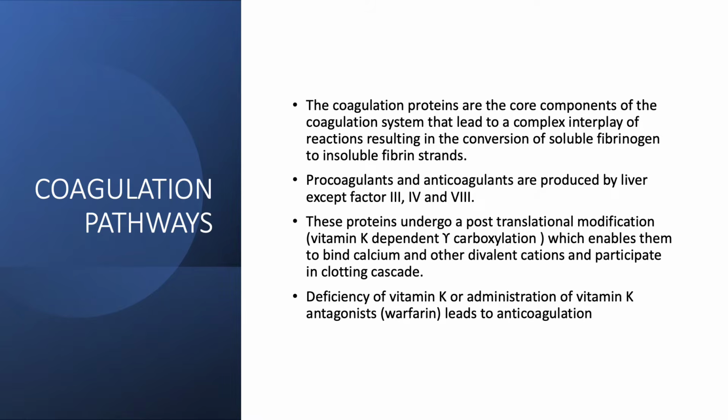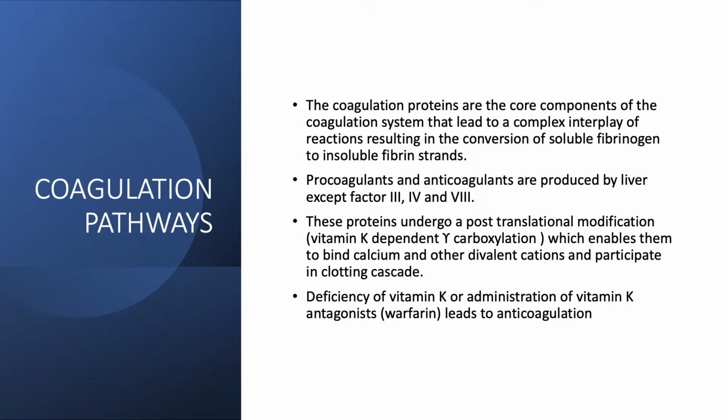So the coagulation pathways: the proteins are the core component of the coagulation system that lead to a complex interplay of reactions resulting in the conversion of soluble fibrinogen to insoluble fibrin bands. Procoagulants and anticoagulants are produced by the liver except for factors 3, 4, and 8.